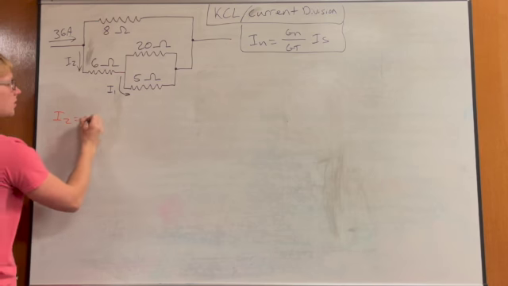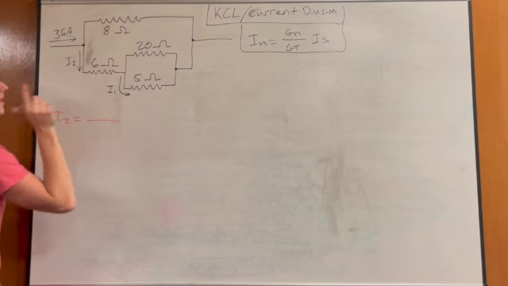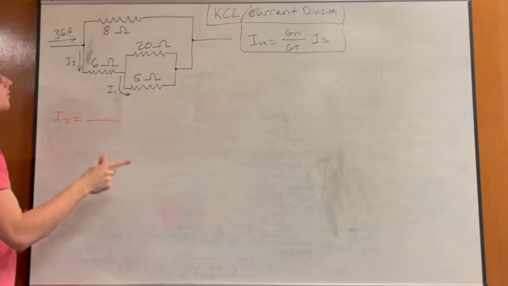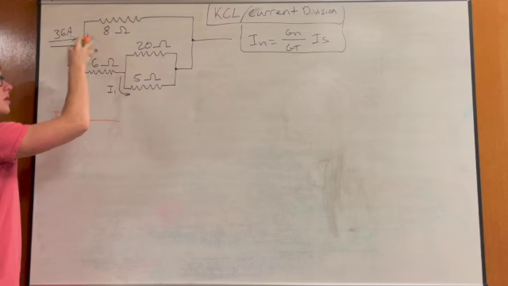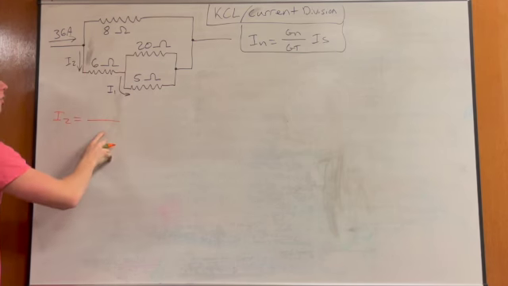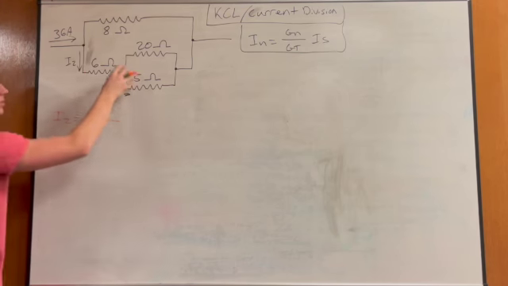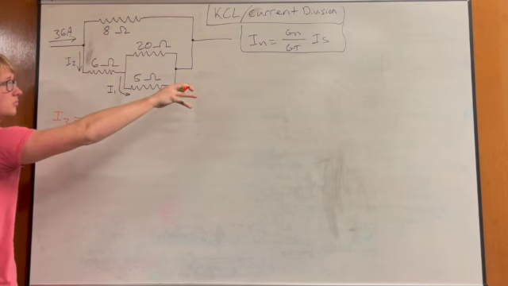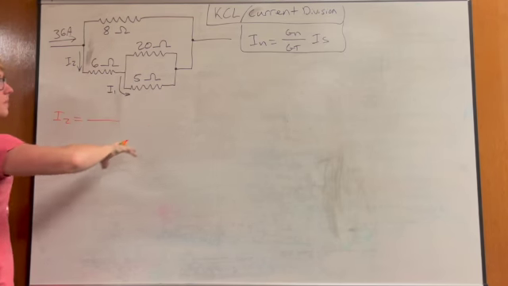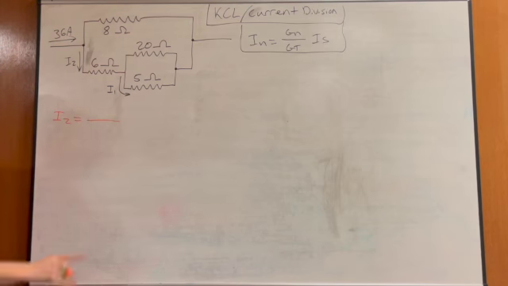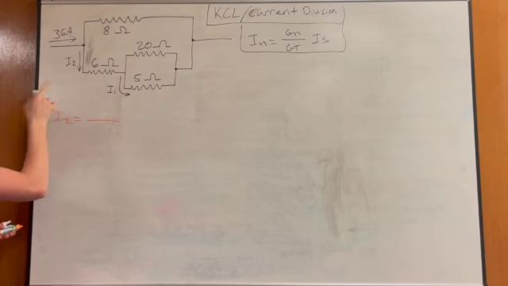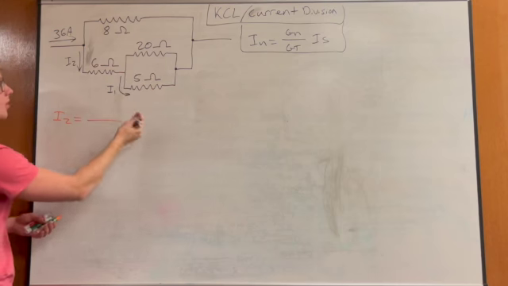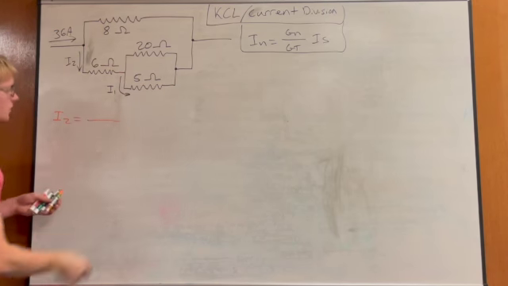It's going to be the conductance of the side that we're talking about, which is all 3 of these resistors combined, over the total resistance, which is this one plus this one. These are all conductances, which we're going to flip at the end. But for now, just understand that equation. Oh yeah, and we're going to multiply it by the source, which is 36.